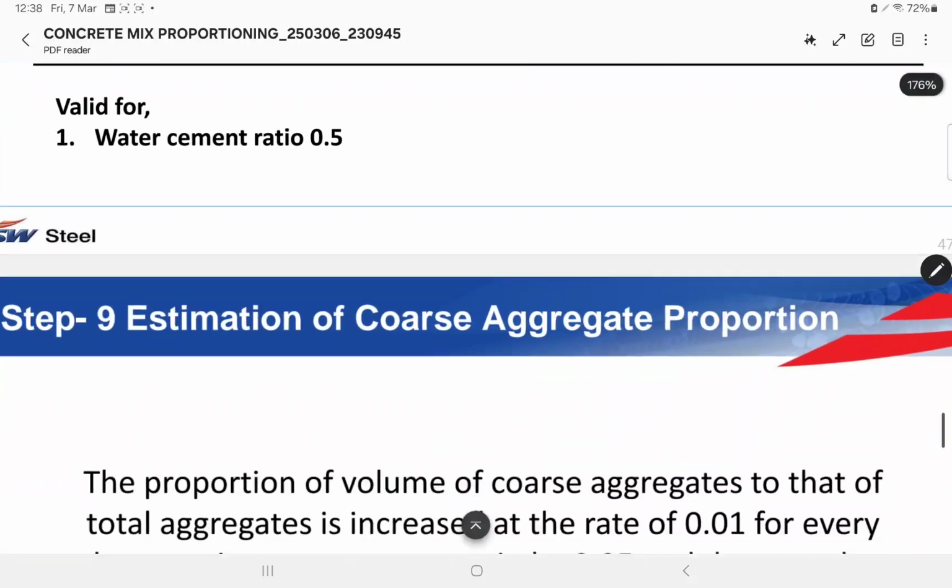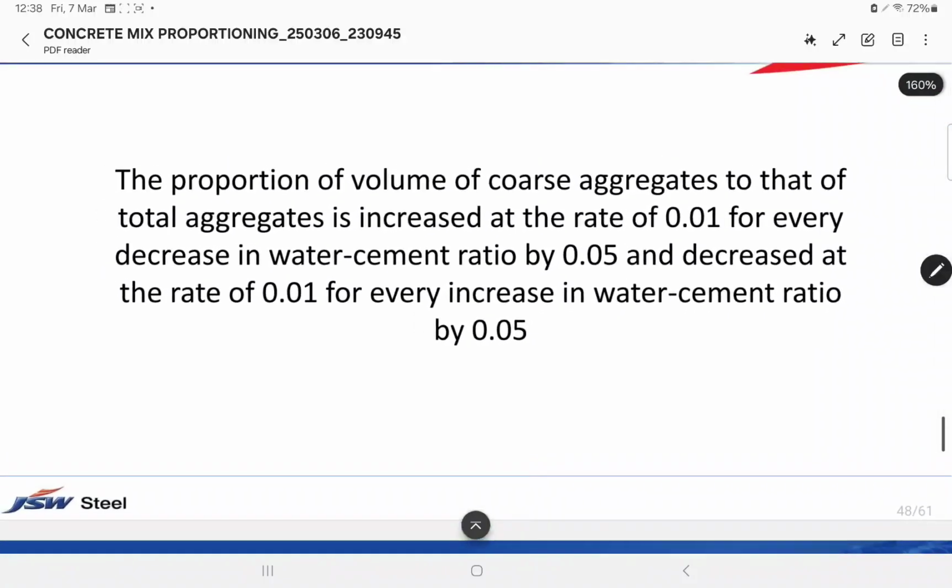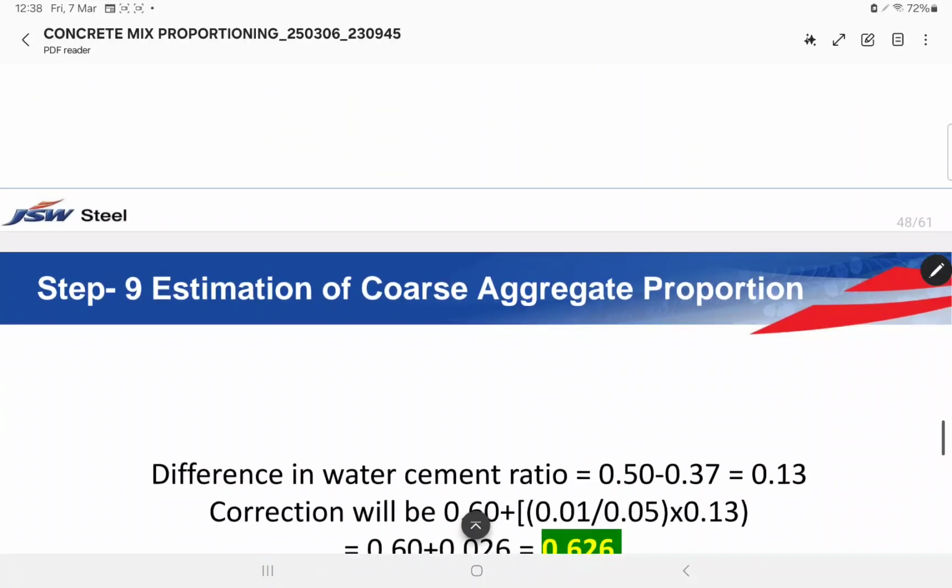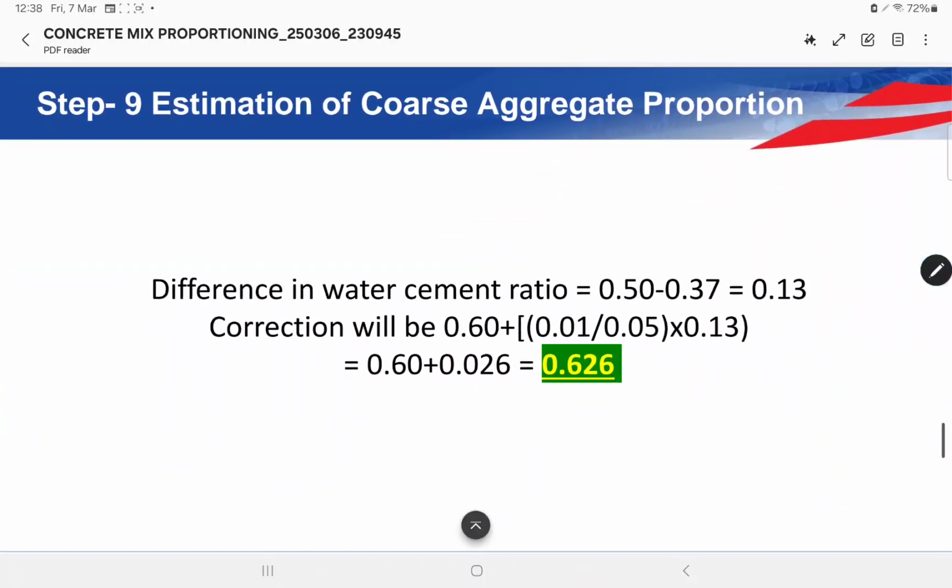The standard says the proportion of volume of coarse aggregate to that of total aggregate is increased at the rate of 0.01 for every decrease in water cement ratio by 0.05, and vice versa. In our case the difference in water cement ratio is 0.13. So applying the formula, the correction will make it 0.626.